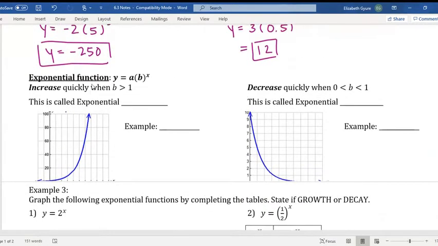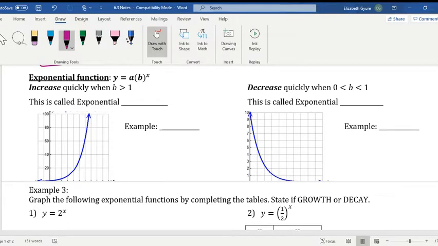Anyway, so exponential functions. We're going to have our a term, our b term to the x. So there's two different types. Sorry that this is kind of spaced weird. Okay. So we can have two different types of exponential functions. We can, first of all, have something called exponential growth.